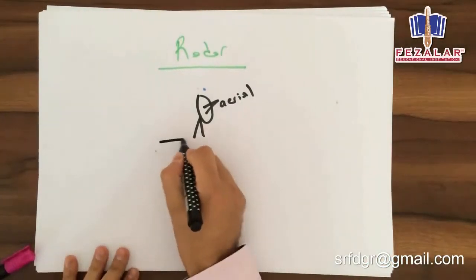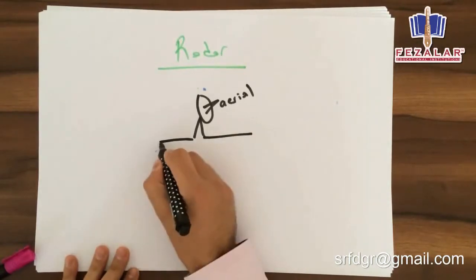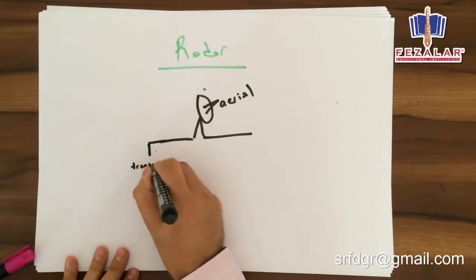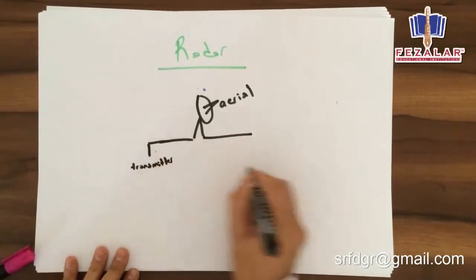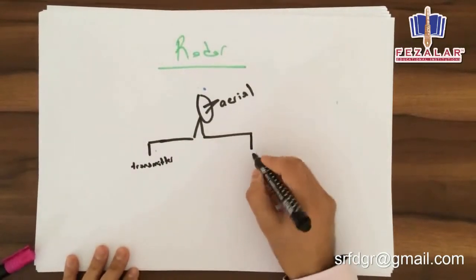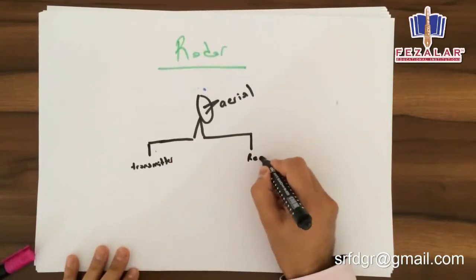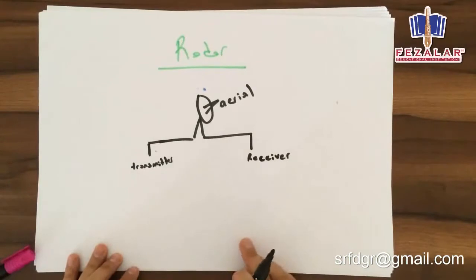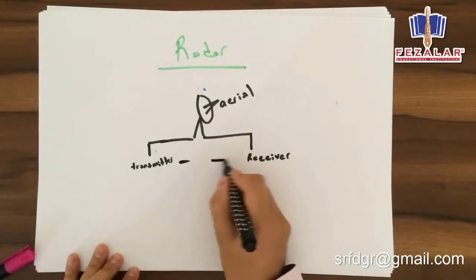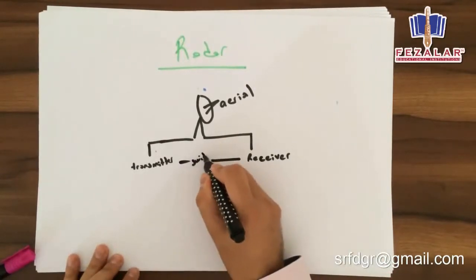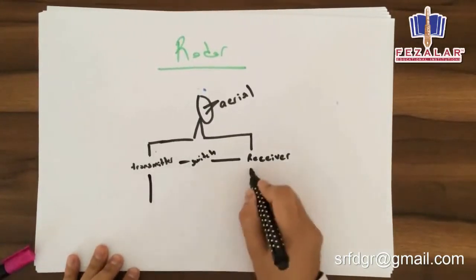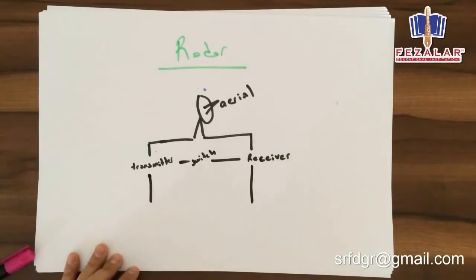That means it contains a transmitter and receiver. It will transmit or receive, so we need a switch.